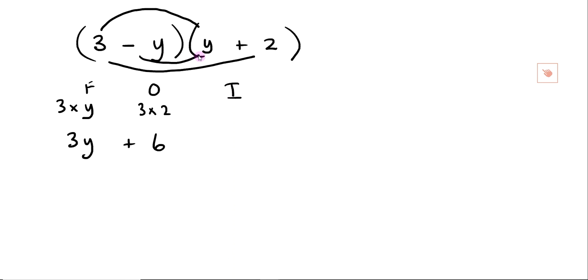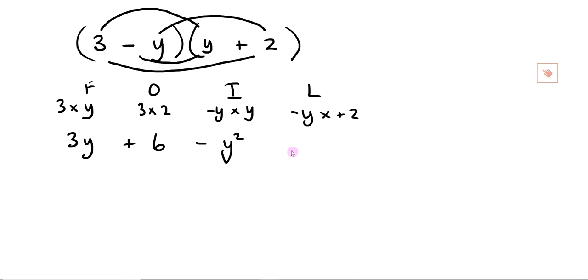Insides: negative y squared. So it's minus y squared. Lasts: minus y times positive 2 is negative 2y. Now it's just not in as nice an order, but we still collect like terms. We did that before, you should be happy enough.